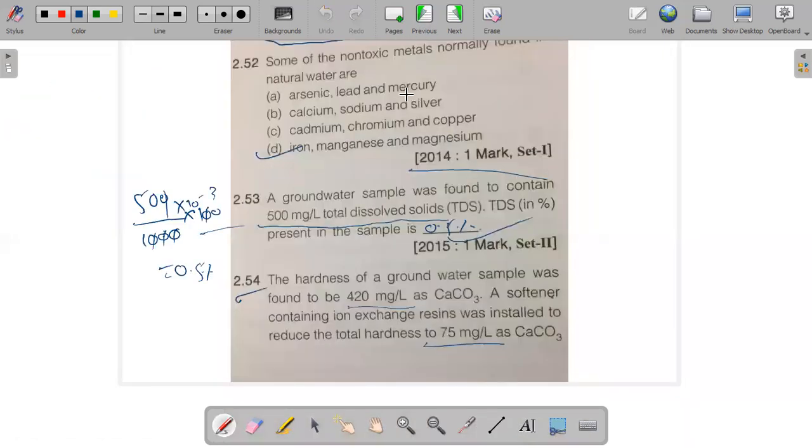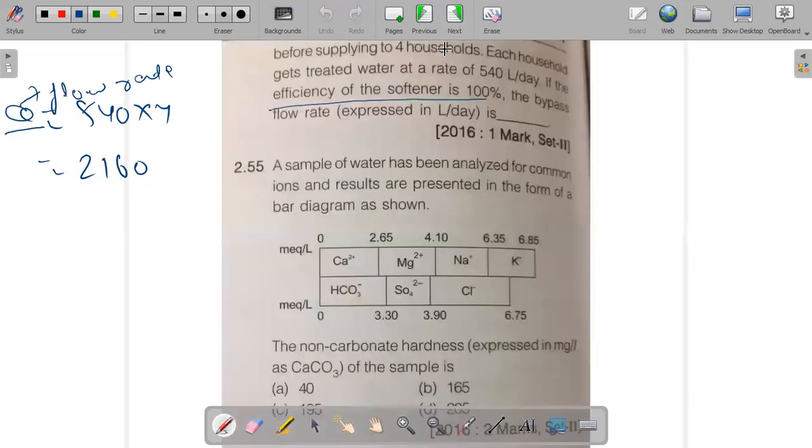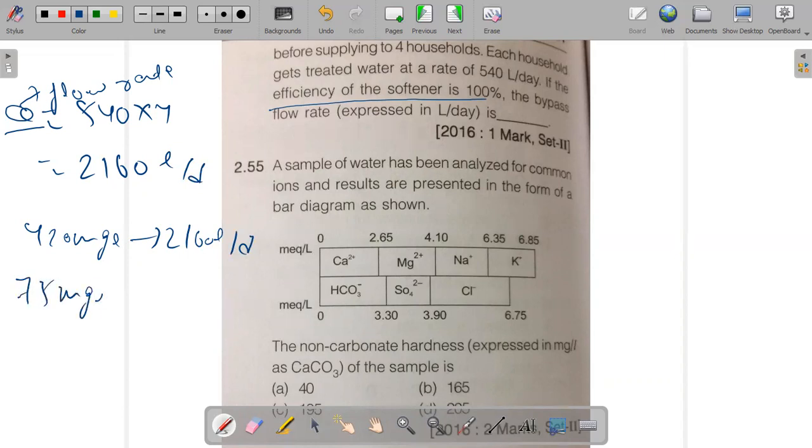So for 420 milligram per liter we have a flow rate of 2160 liter per day, and we need to find it for 75 milligram per liter. By using this you'll easily get your answer.